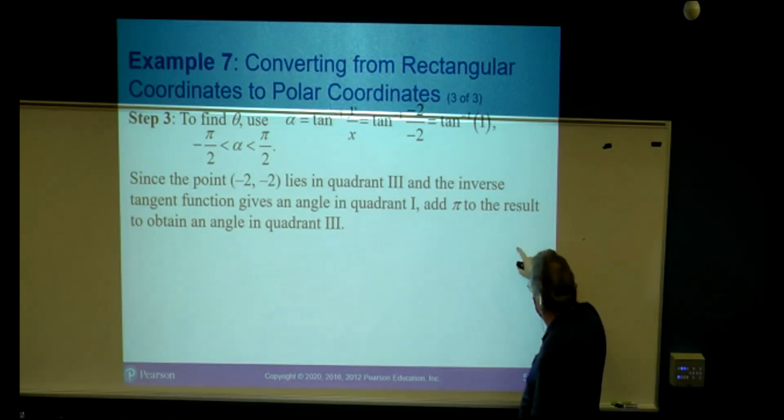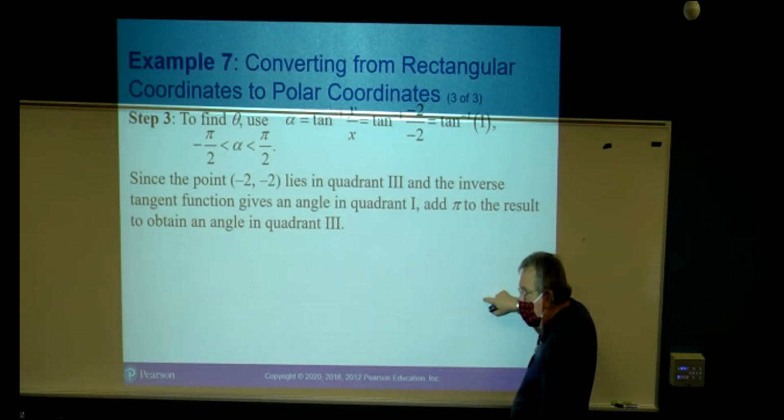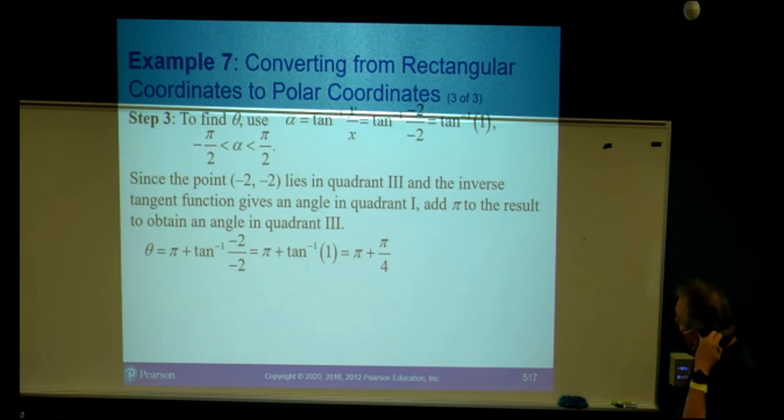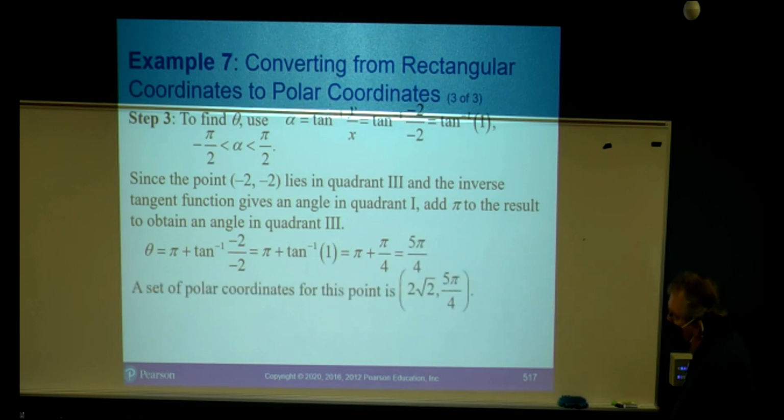If it's a 45-degree angle and I add pi to it, I wind up back down here, 180 degrees from the direction it gives me. So we end up adding pi to pi over 4, which is 5 pi over 4. So my point in polar form is 2 square roots of 2, comma 5 pi over 4.